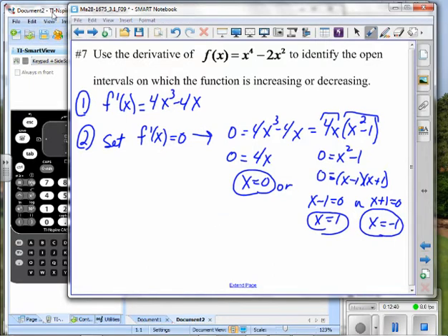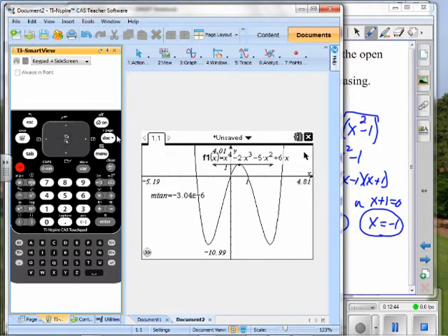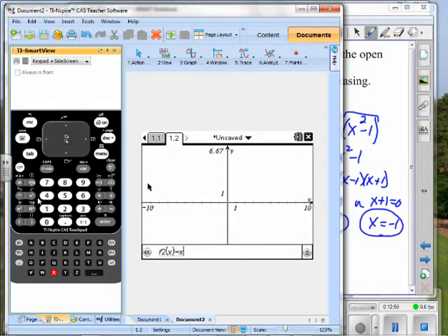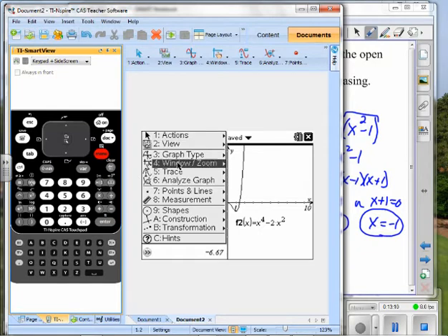Let's take our Inspires, add a page, another graph page, and let's graph this function. I gave you x to the 4th power minus 2x squared. I'm going to change the window. So let's see here.